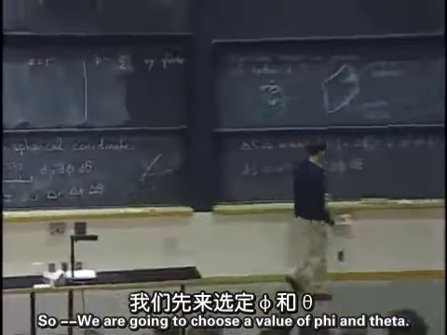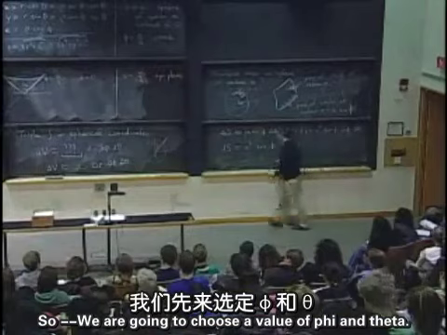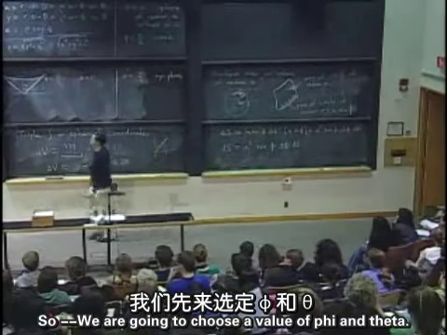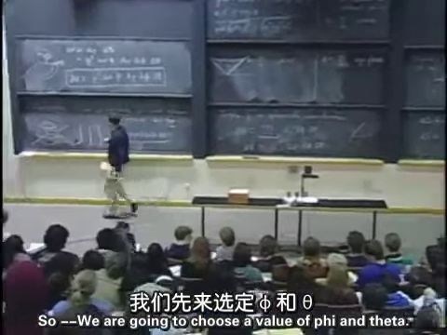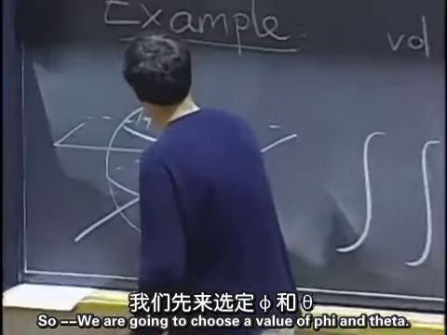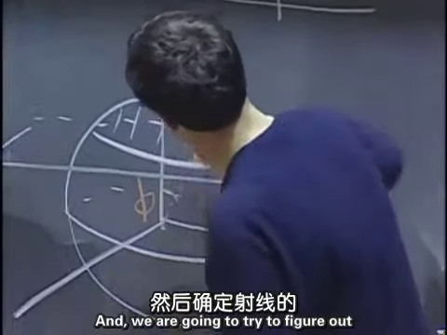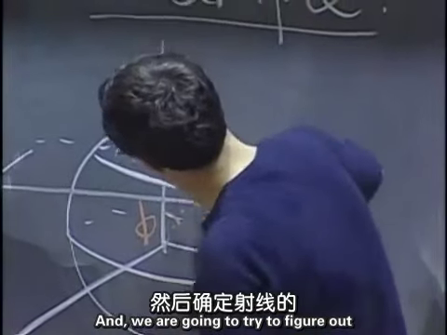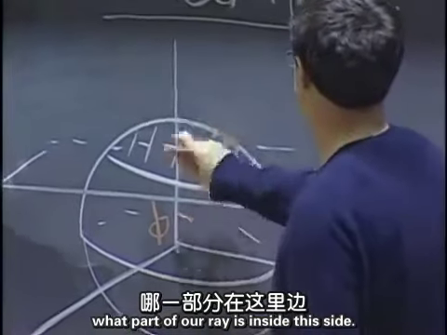So we are going to choose a value of phi and theta, and we're going to try to figure out what part of our ray is inside this solid.